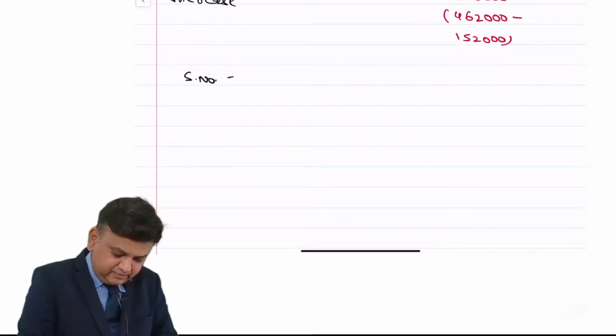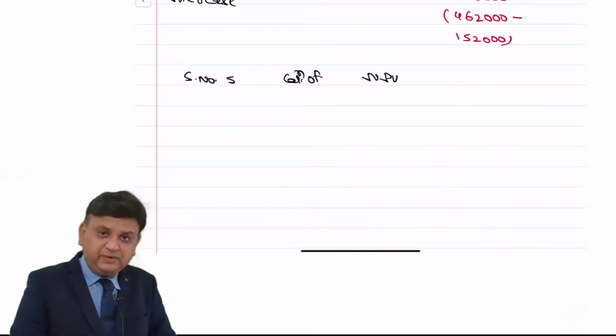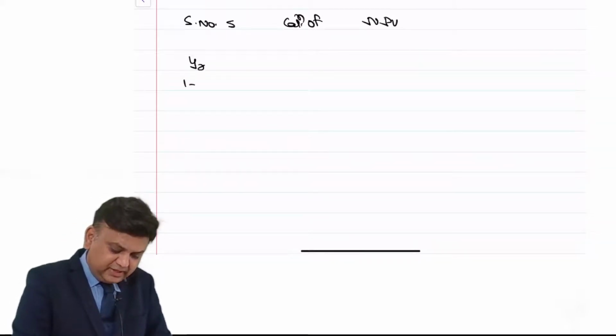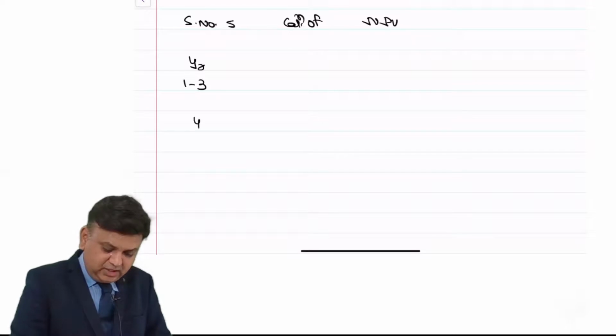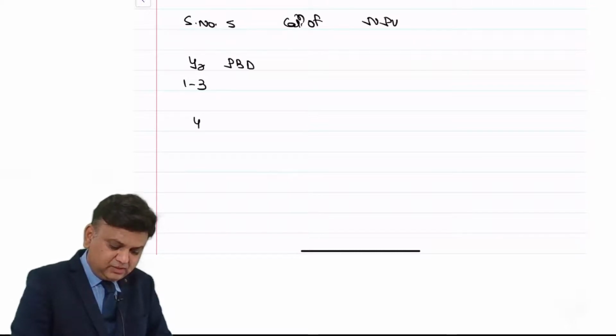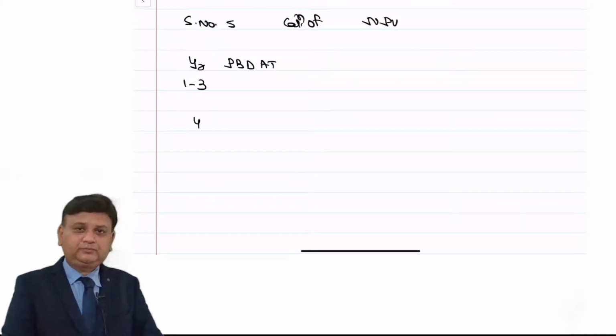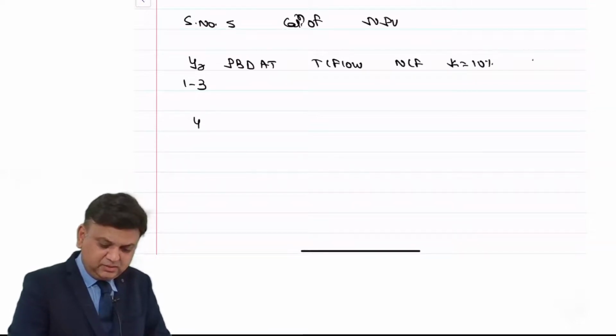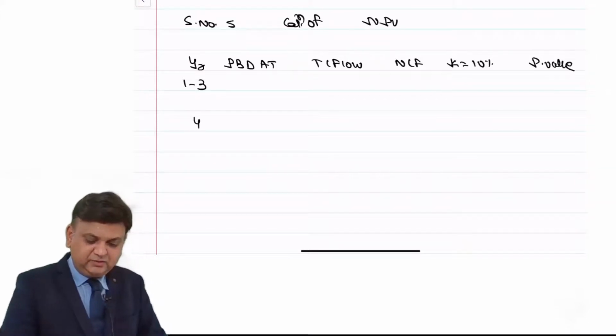Step number 5, calculation of NPV. Of course, the incremental NPV. Listen to me carefully. It is year 1 to year 3, year 4. I am writing over here profit before depreciation after taxation. Then I am writing terminal cash flow, net cash flow, discounting at 10%. Then I am writing present value.